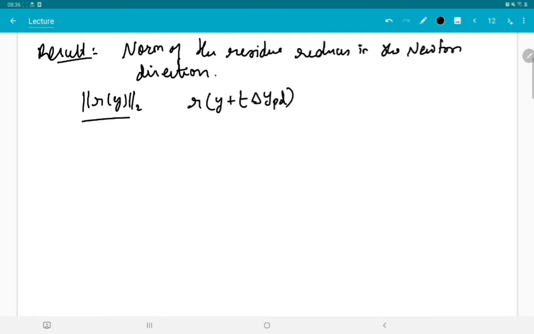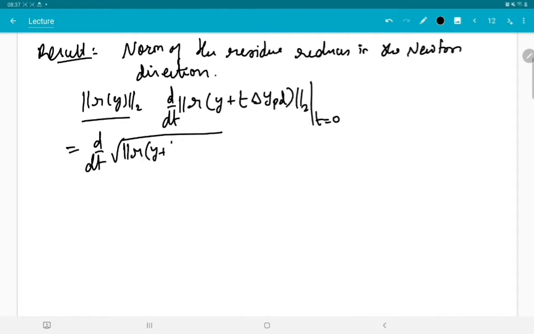Now to monitor the change in the norm, we differentiate this with respect to t. The norm is the root of the norm squared, so it is the root of r(y) plus t delta y_pd squared.